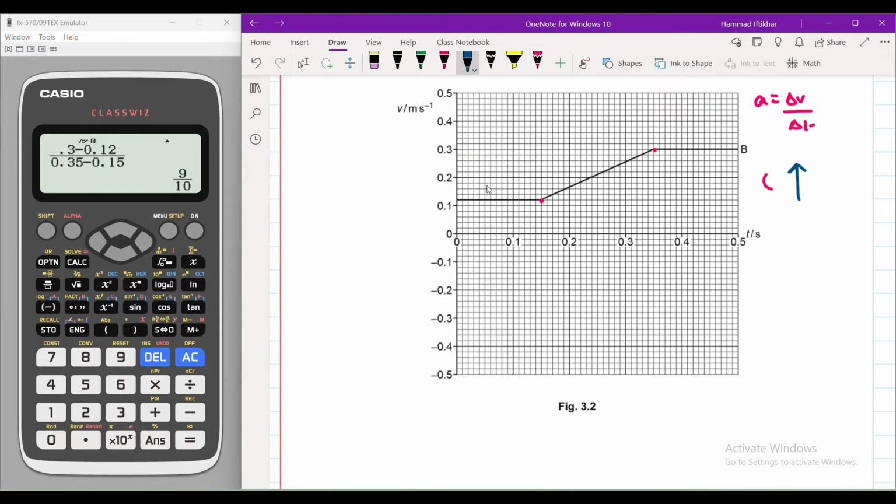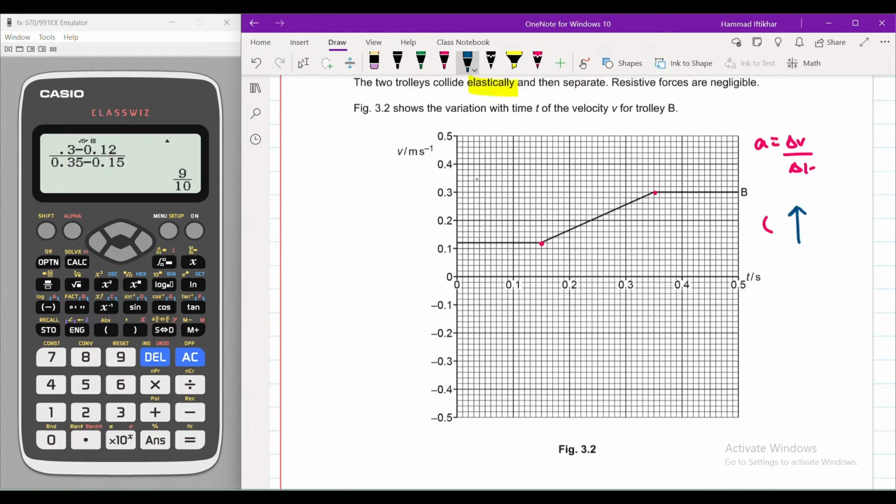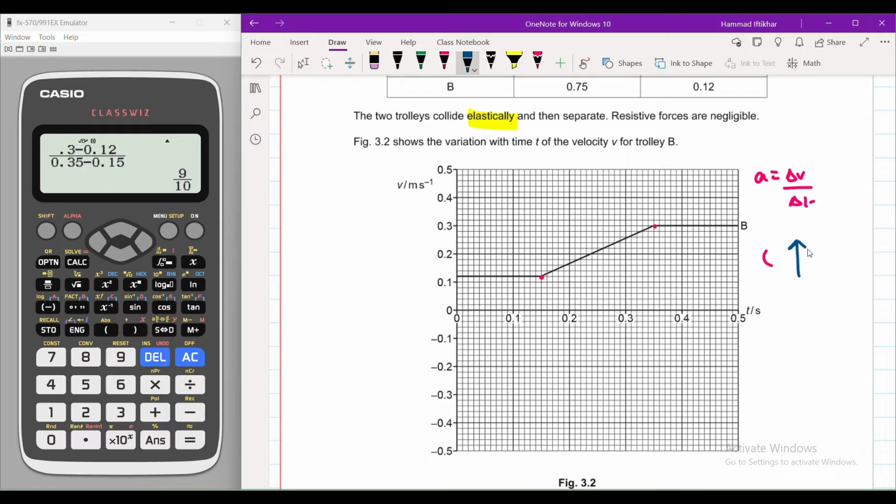So since the collision happened, and the change in velocity was positive for the trolley B, and so will be the m times v, the change in momentum for the trolley B. That will be opposite for the trolley A because momentum is conserved. It will be opposite for that.